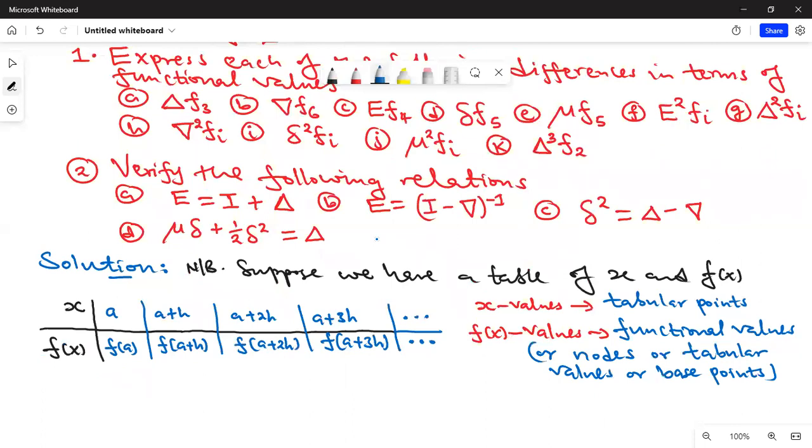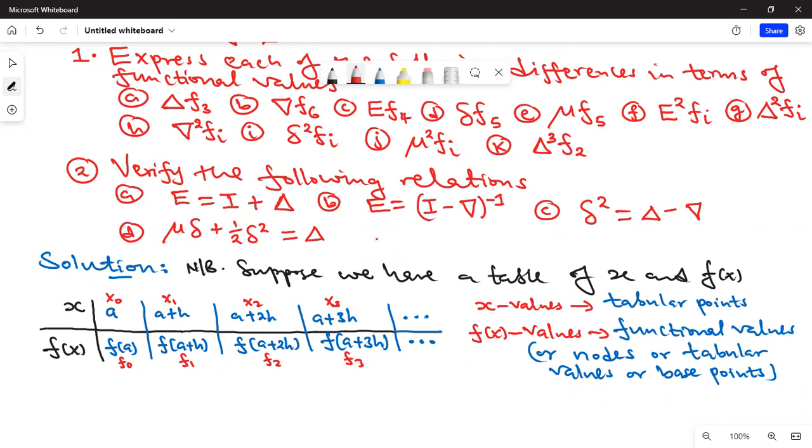So usually, when you have a table of this form, we can decide to denote the x values. Like here, we can start and say, let this be x naught, this is x1, this is x2, x3, in that manner, so that here we'll have f naught, f1, f2, f3, in that manner.